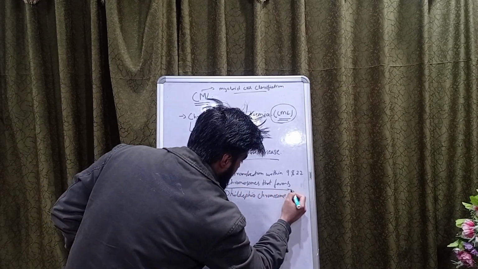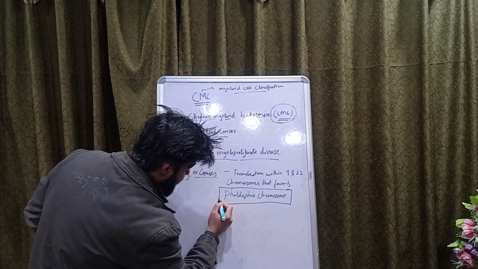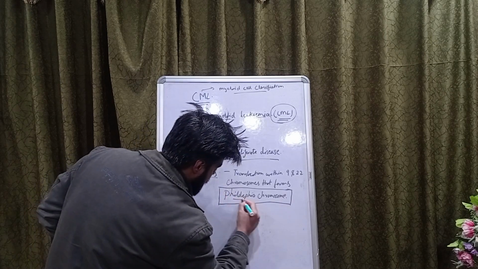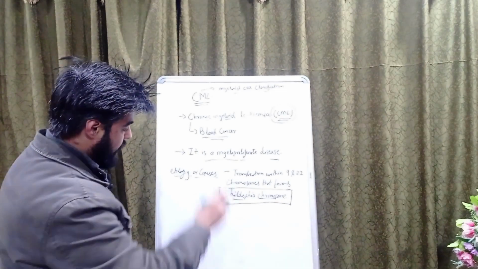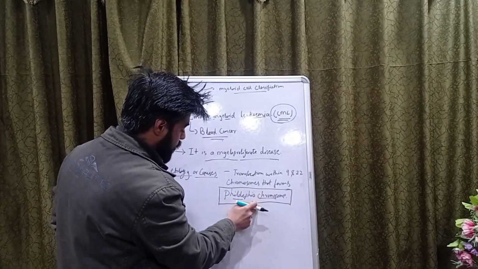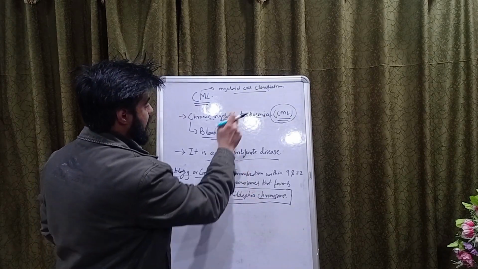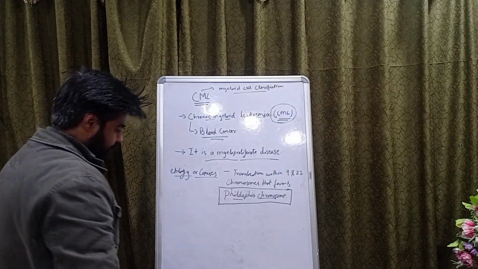This is the very important diagnostic feature in CML, the Philadelphia chromosome. One of the main features there is the formation of the Philadelphia chromosome, which is one of the causes of CML. All right.